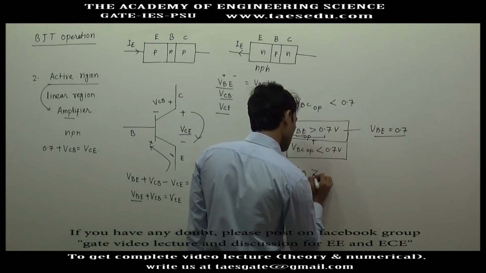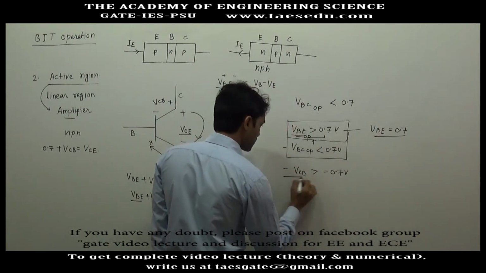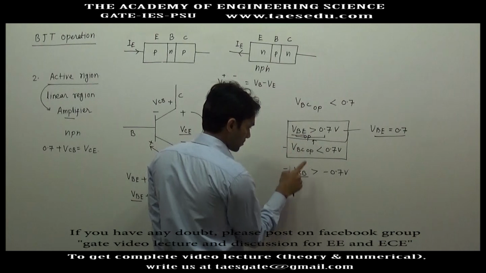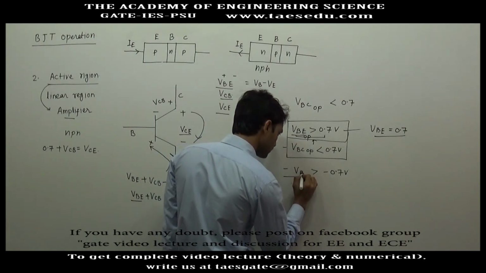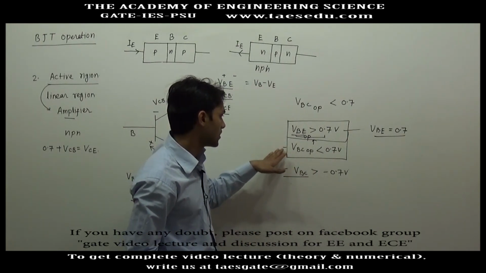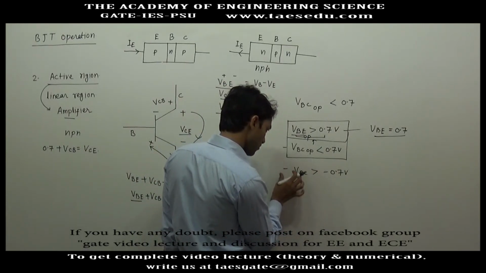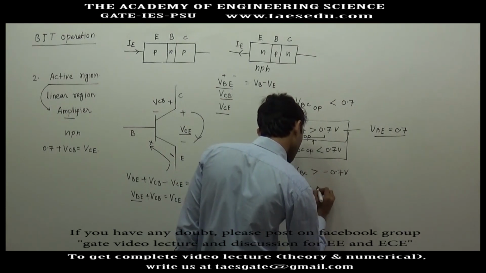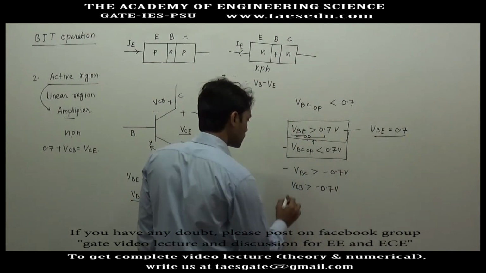So minus of VBC must be greater than minus of 0.7 volt. Now minus of VBC is VCB, so VCB must be greater than minus 0.7 volt.